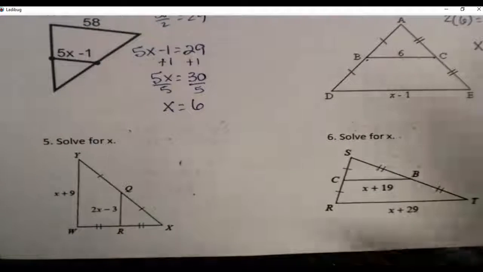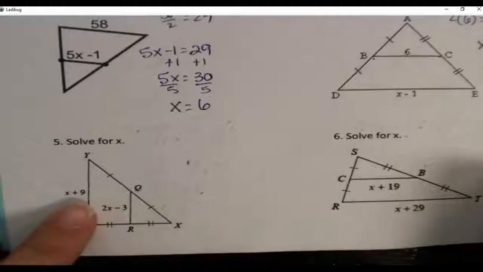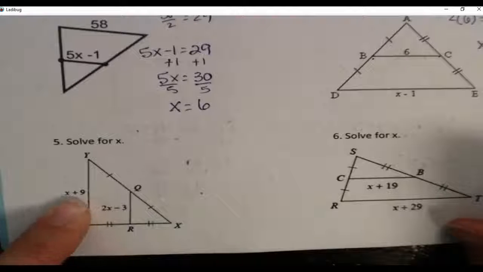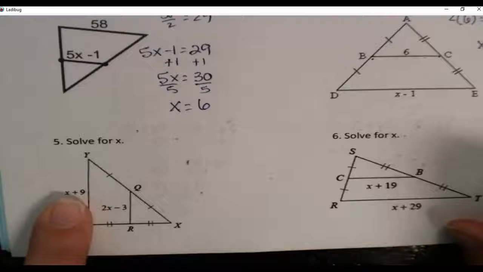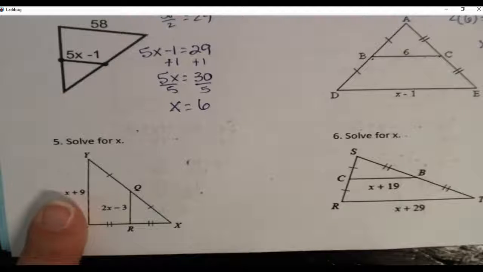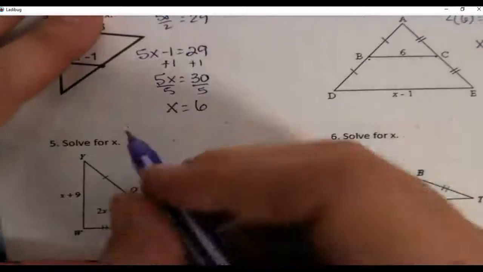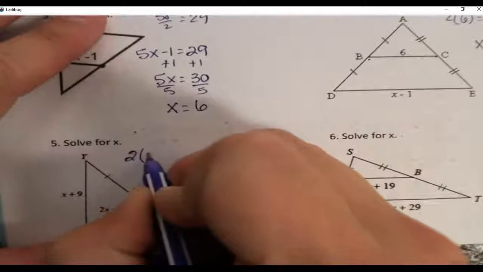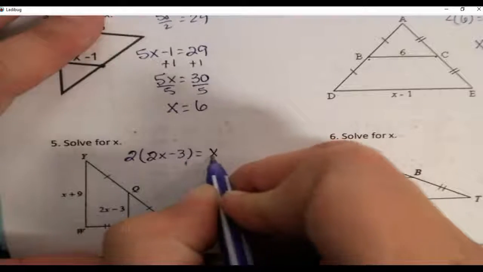So if we look at 5, I don't know the length of either one of them. So again, we can either multiply the side by 1/2 or the mid segment by 2. Well, if I multiply this by 1/2, that's going to give me decimals, and I don't like that. So I'm going to multiply the mid segment by 2. And then I can set it equal to the side.